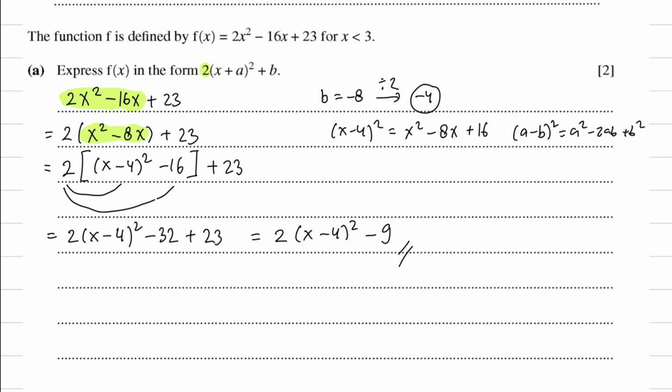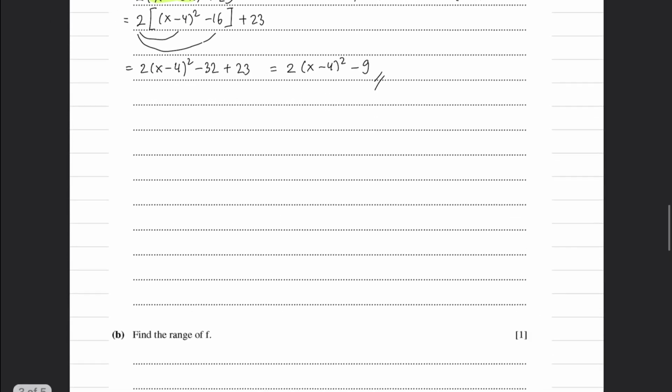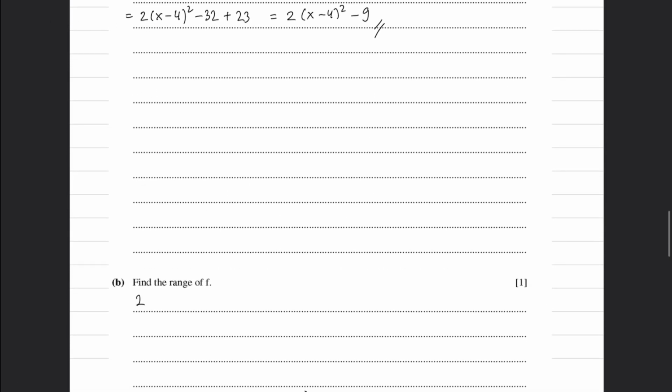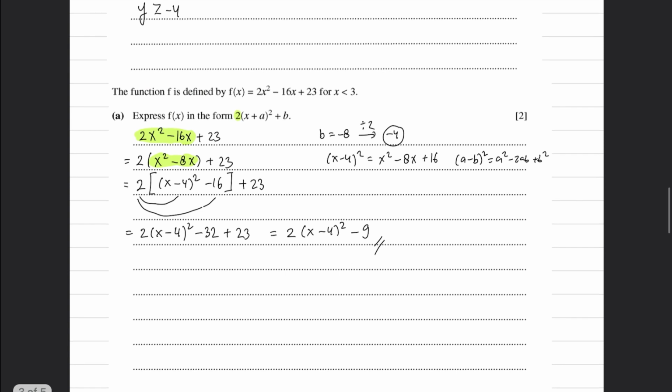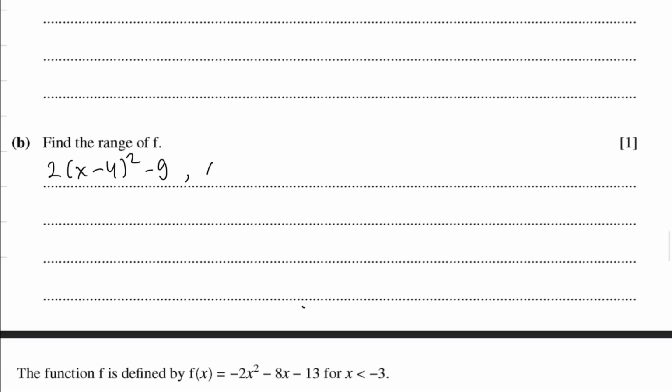Now, after you do the completing the square, you can find the range easily. So use the completed square form, which is 2 times (x minus 4) squared minus 9. And then we take the domain. The question gives us the domain x less than 3. This is our domain, the x values, the domain.